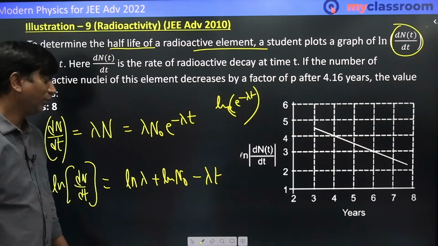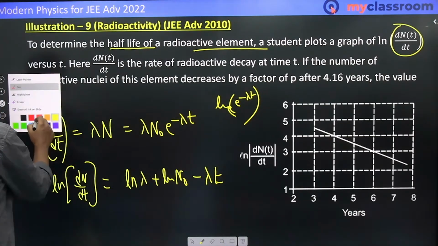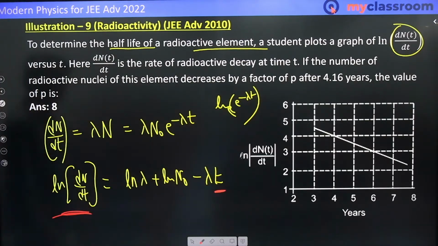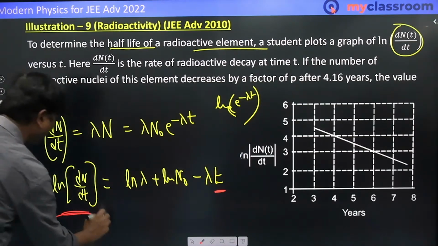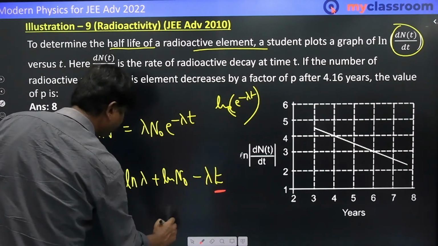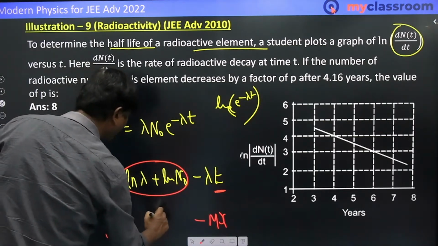Now here clearly they are plotting the graph between this one and t. This is some y and this is x. So it looks like y is equal to minus mx plus a constant.